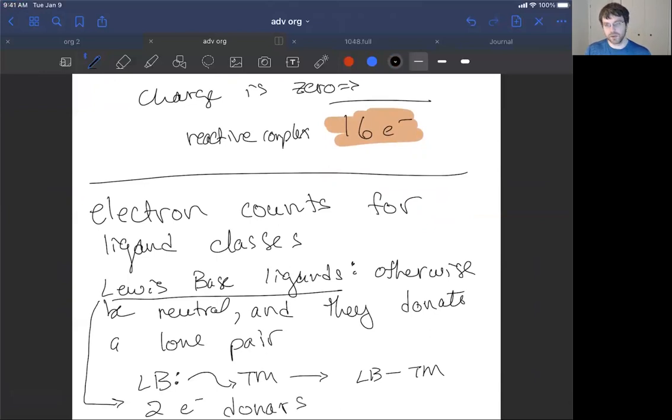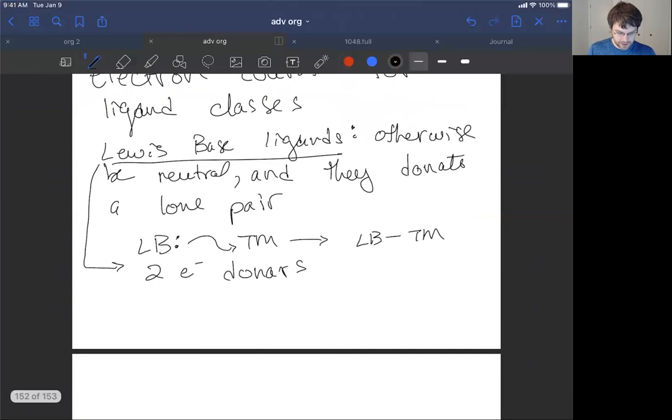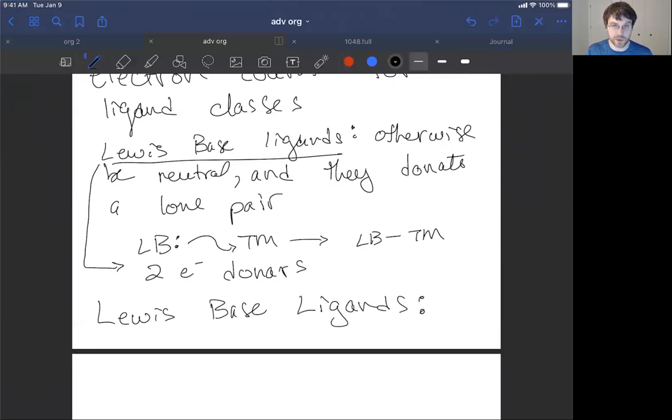They provide 2 electrons. Some examples of Lewis base ligands are, and again, I can't emphasize enough, the way I keep this all straight in my mind is I remember that these things would otherwise be neutral. So PR3. We've used triphenylphosphine a lot, but those R groups could be things other than phenyl.